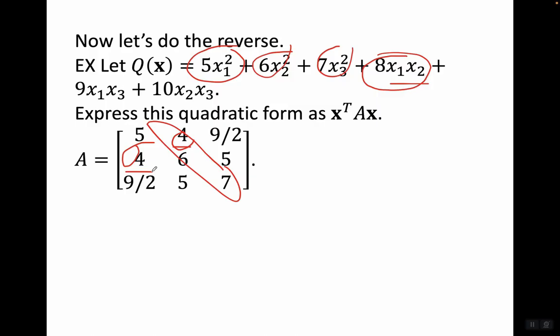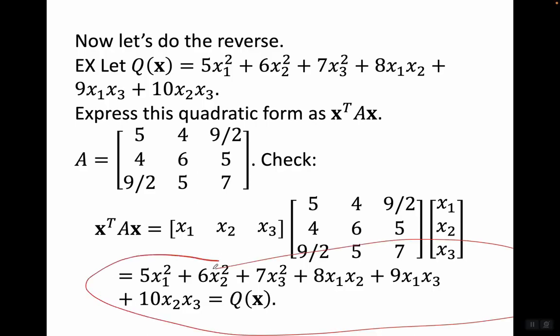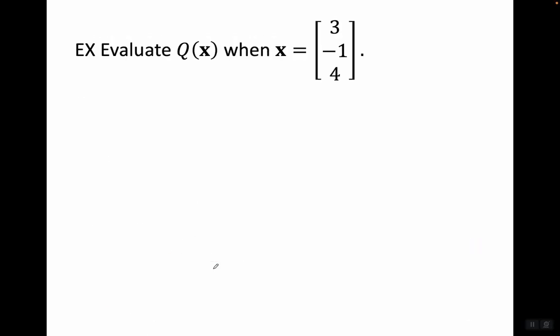So it's split evenly between those. 9 is going to be split evenly here, so we get 9 halves, 9 halves. 10 is going to be split evenly between 5 and 5 here. And we can check our answer. When you multiply all of this out, if you have the time and patience, you do end up with what we wanted, namely q of x.